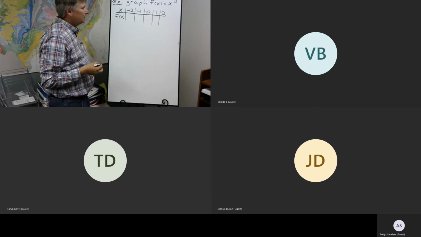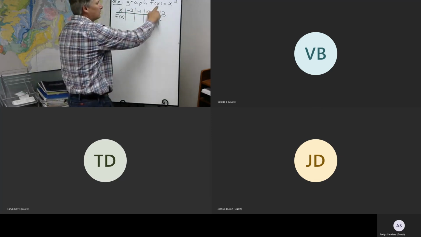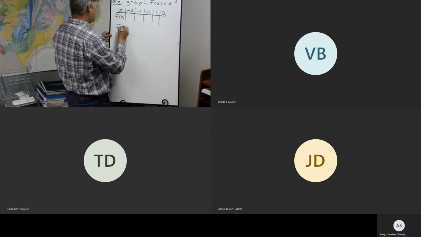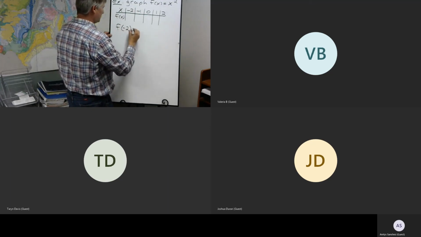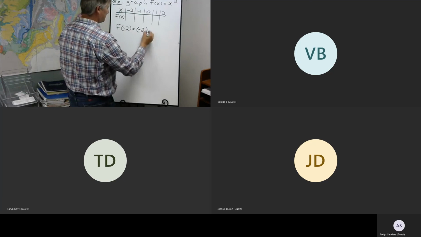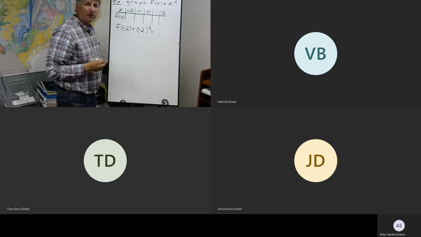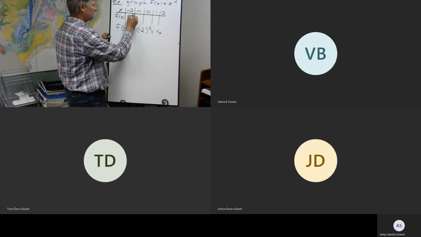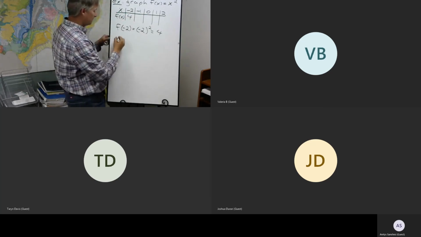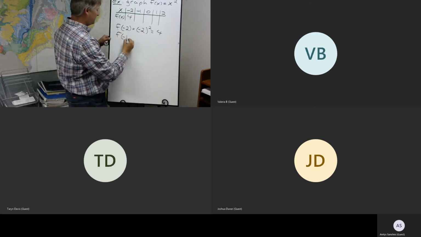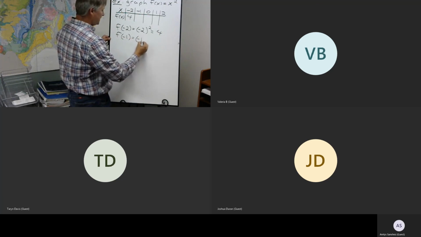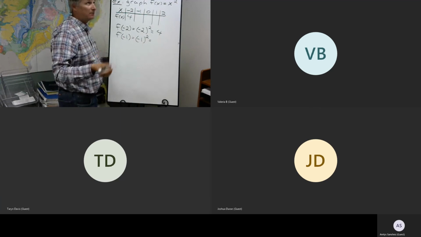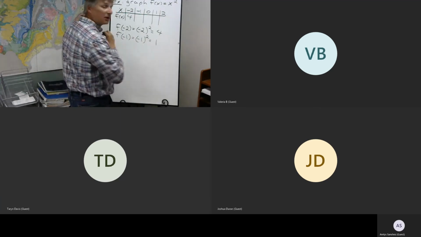Well, what this says is that whatever we have for x, we're going to square it. So f of -2 is -2 squared, or -2 times -2, is 4. So the output will be 4. F of -1 is -1 squared. -1 times -1, negative times negative is a positive, we'll just get 1.